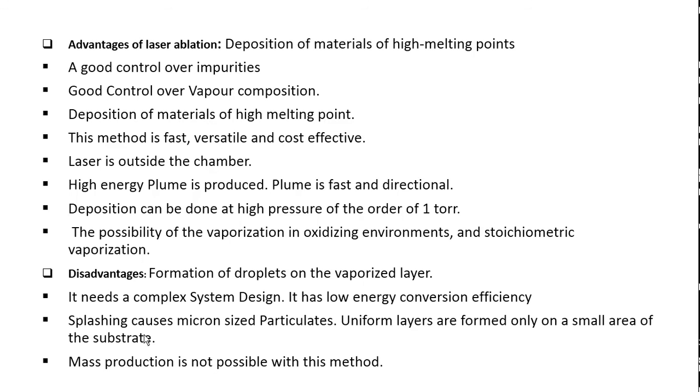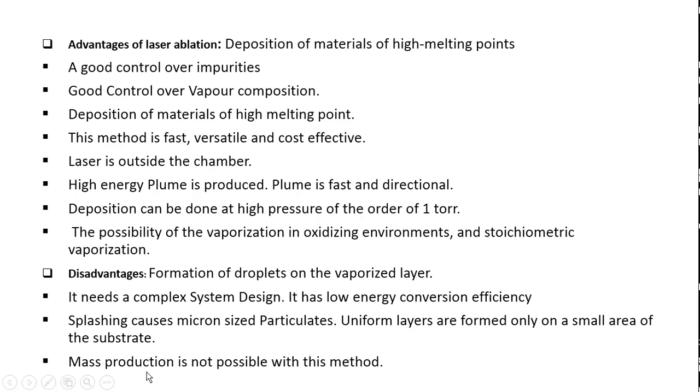Uniform layers are formed only over a small area of the substrate, because the target is smaller in size, so the area over which the film can be deposited upon the substrate is small. And mass production is not possible with this method.